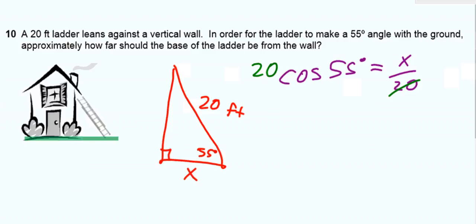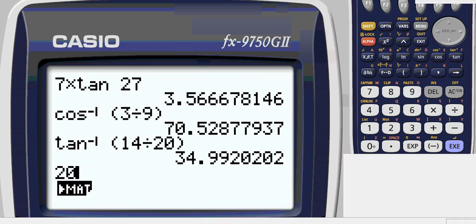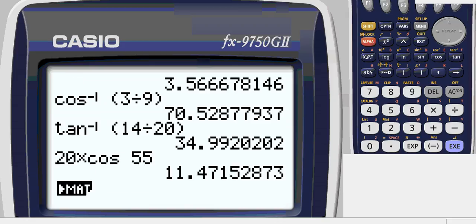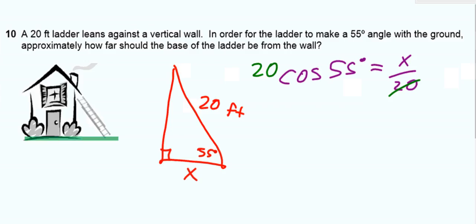So 20 cosine 55 is 11.47. Doesn't tell us how much to round, so let's just keep it that way. 11.47. That would be in feet.